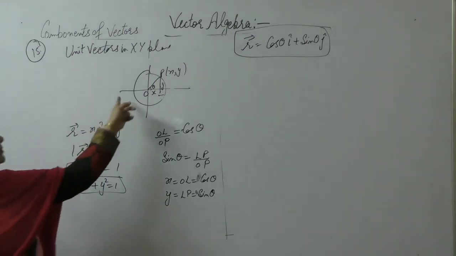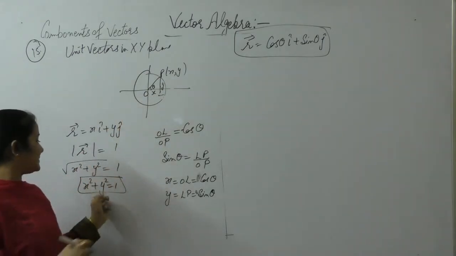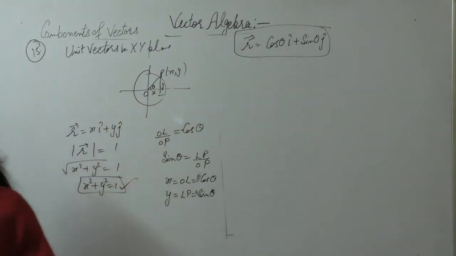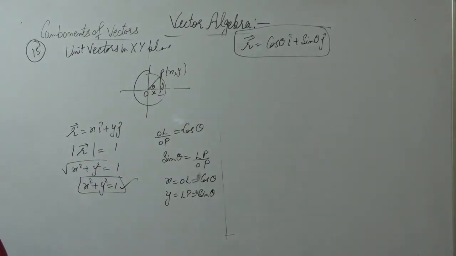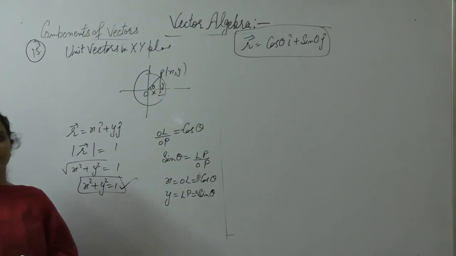Theta varies from 0 to 2 pi, and it is the equation of the circle x square plus y square equal to 1, traced in the anticlockwise direction. So this covers all possible directions of vector r.